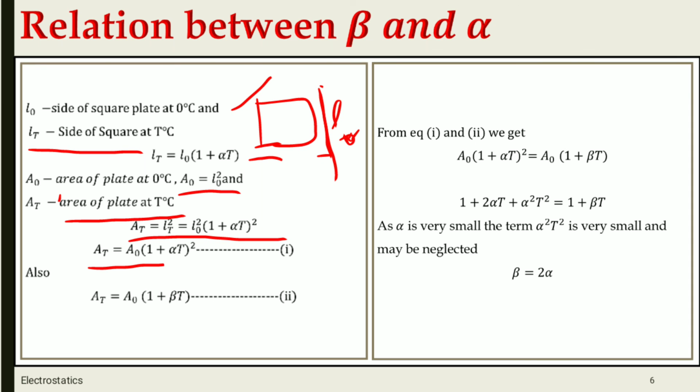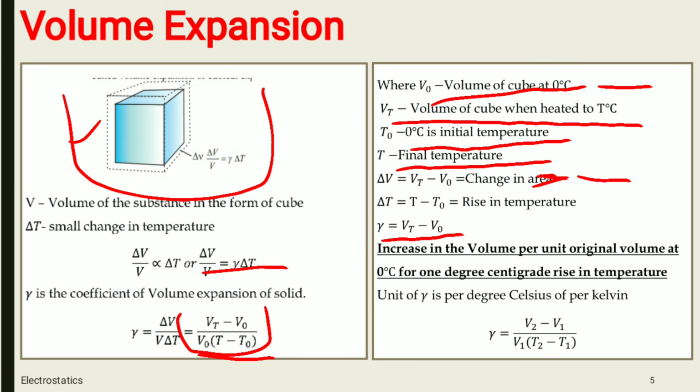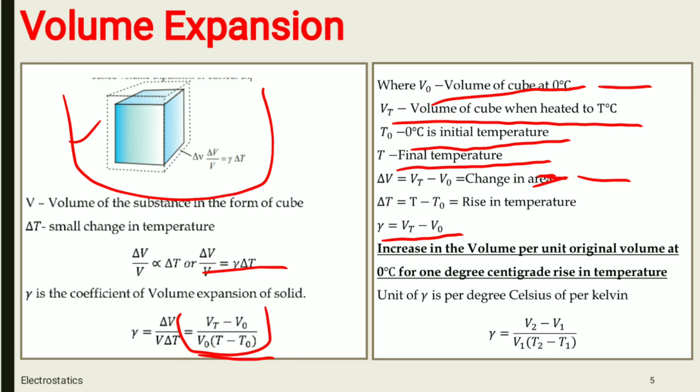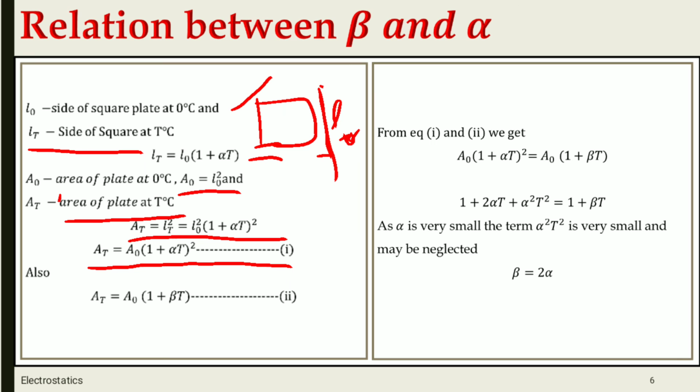So this equation came from coefficient of areal expansion. You can see here from this, A0 divided by AT is equal to beta into T. And this equation, if you rearrange, you will get this equation. AT, instead of LT square, you can write AT.